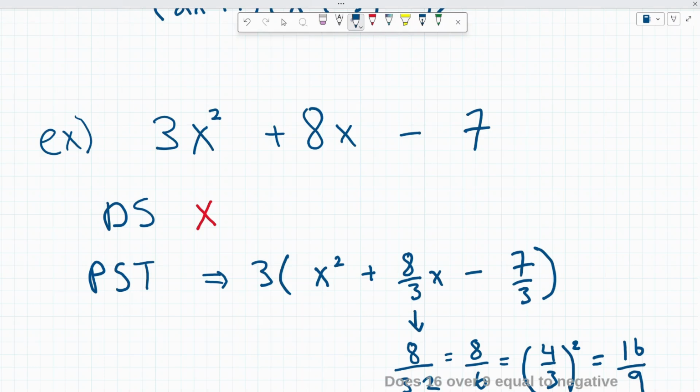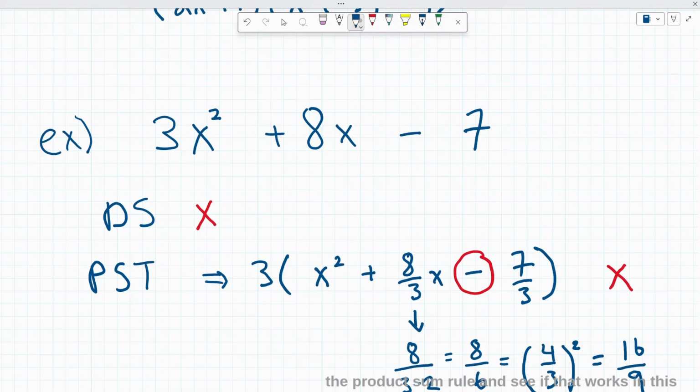Does 16 over 9 equal negative 7 over 3? Nope, it does not. So this is not a perfect square trinomial. The other giveaway here is that we have a negative for our last term, and we already said that we cannot have a perfect square trinomial if our last constant term is negative. Okay, these two don't work.